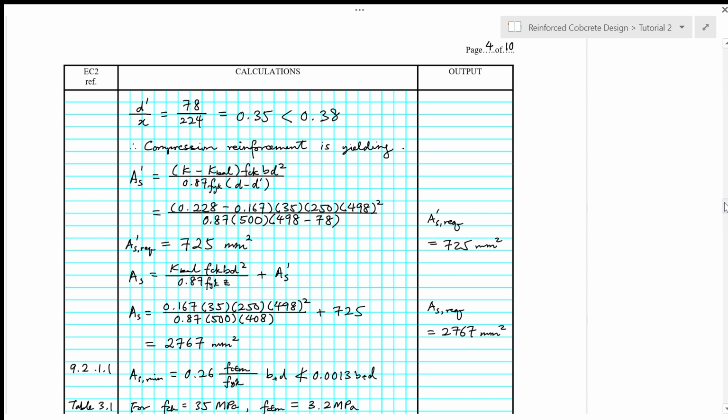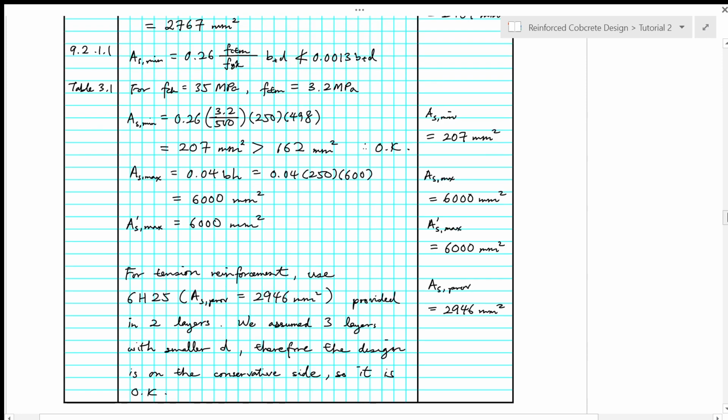So from the design equation, we get As prime required of 725 square millimeter, and we get the required steel area for tension reinforcement as 2767 square millimeter.